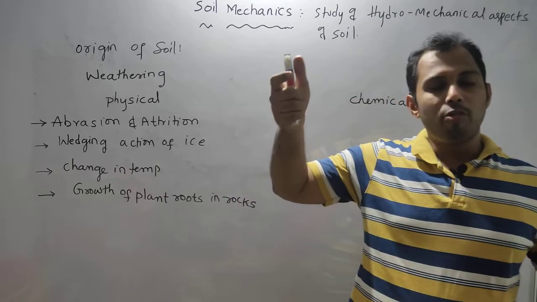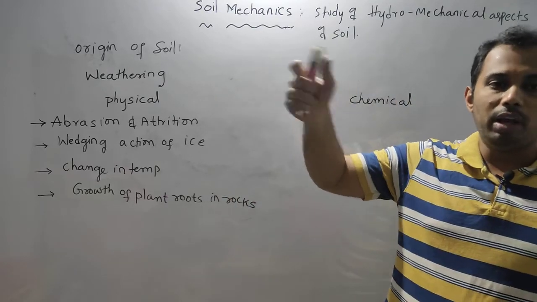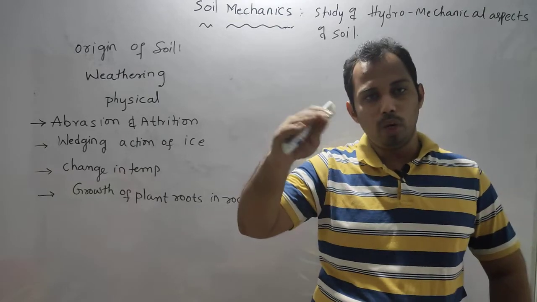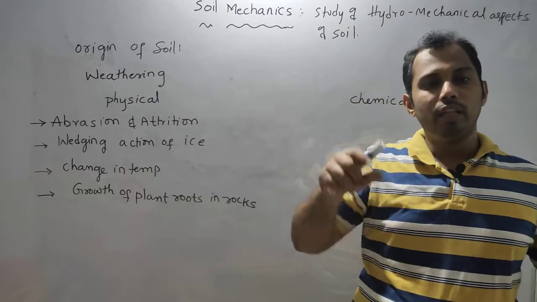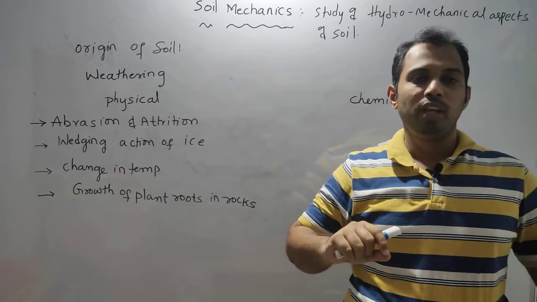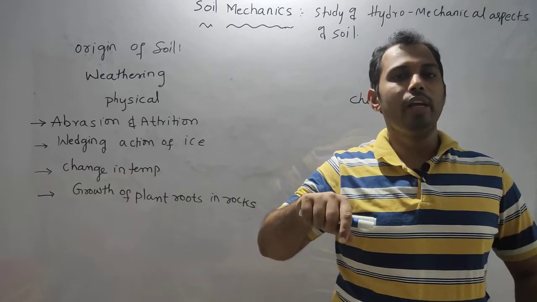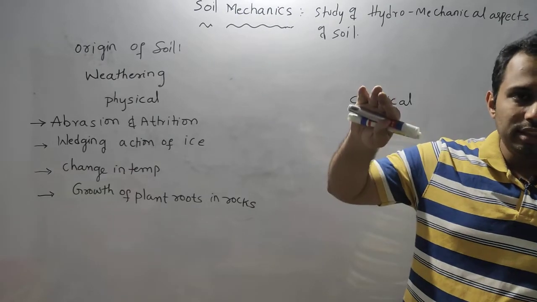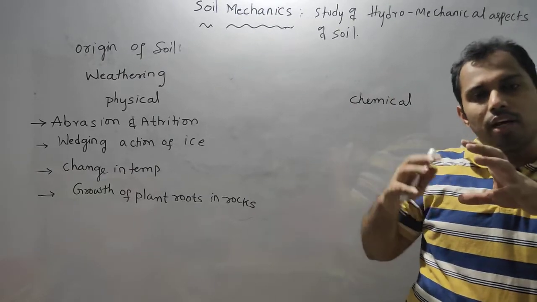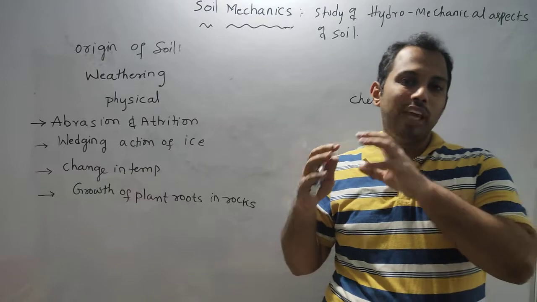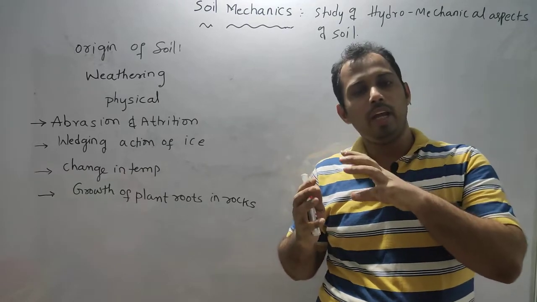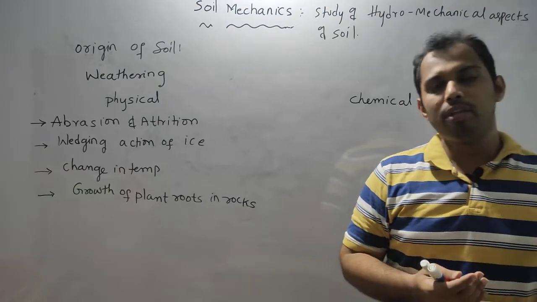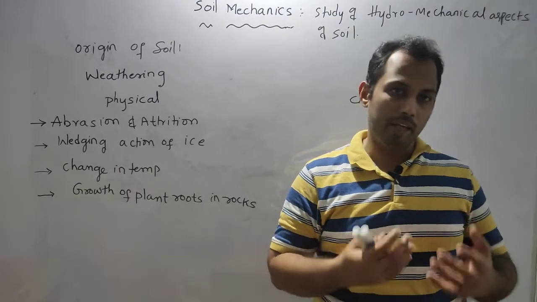When a rock is falling from a height and rolling down the slope, it will cause wear and tear with the surface from where it is rolling down. So that means rock and rock, between two same materials, the wear and tear is attrition. Between two different materials, if there is a wear and tear, then it is called abrasion.